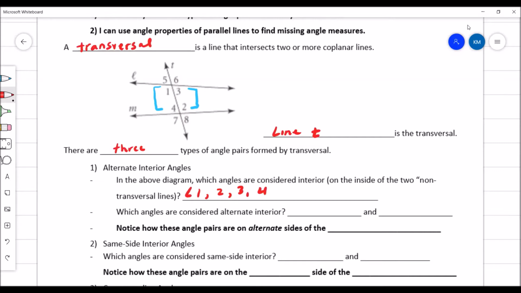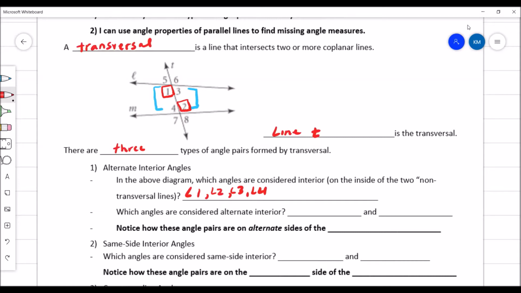I should really put angles in front of them. And now when it asks which angles are considered alternate interior, these are pairs. These are pairs of angles that would be alternate interior with each other. So as we look at that, we say number 1 is interior, and its alternate interior would be angle 2. See how it's interior, but now it's on the other side, touching the other line.